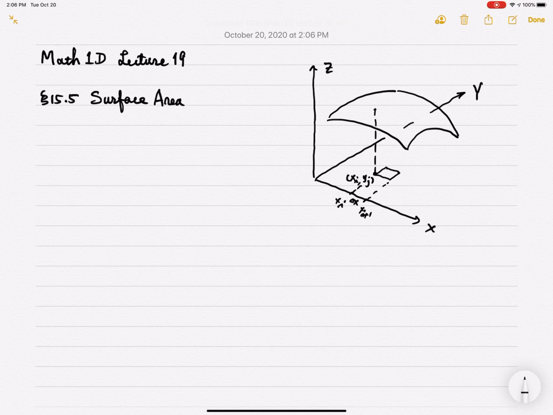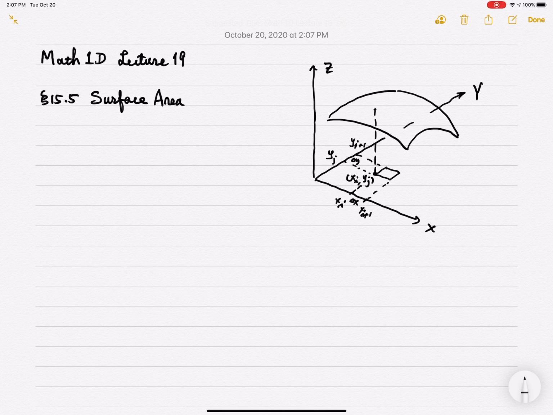And then here this is yj and yj plus 1, so this part is delta y. So xi, yj is a corner point of a small rectangle after we do the partition.